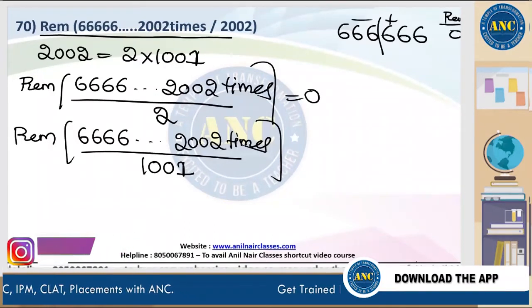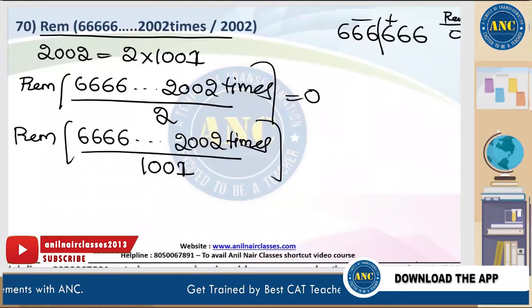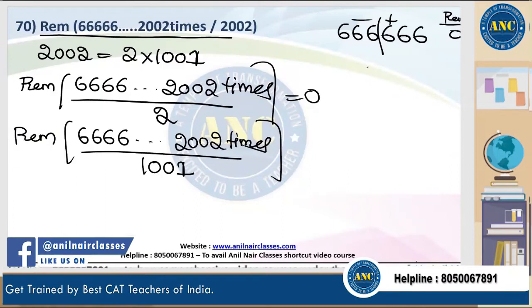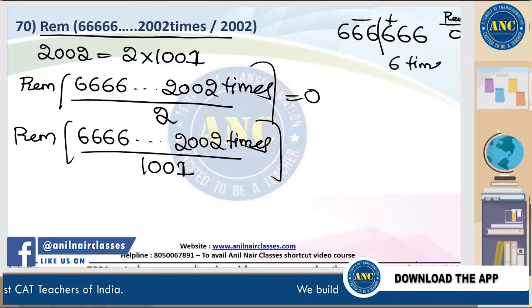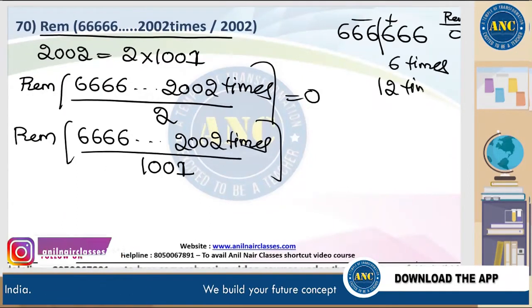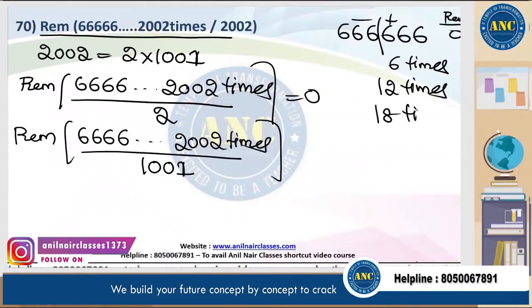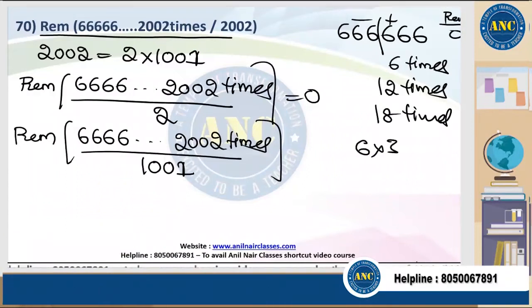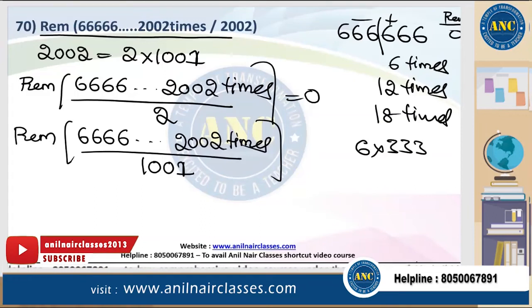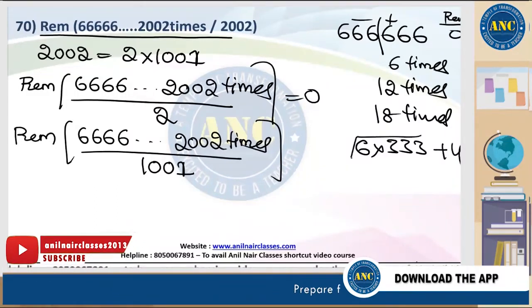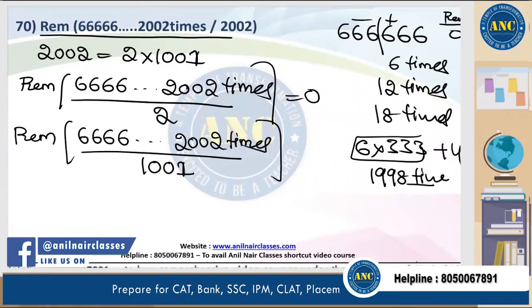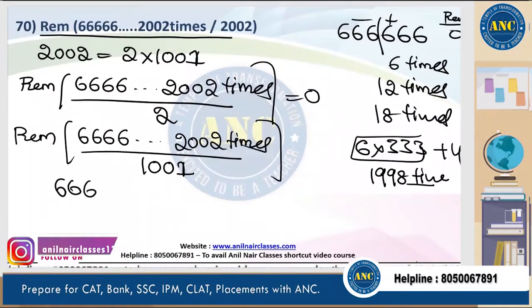That means a single digit written 6 times gives 0, 12 times gives 0, 18 times gives 0. 6 into 3 is 18, and so on, so that means 1998 times it is 0. How many are remaining? 4 sixes are remaining.